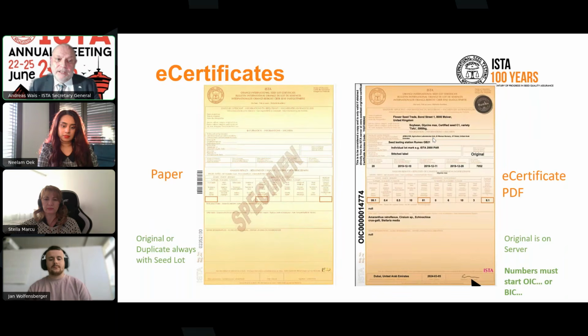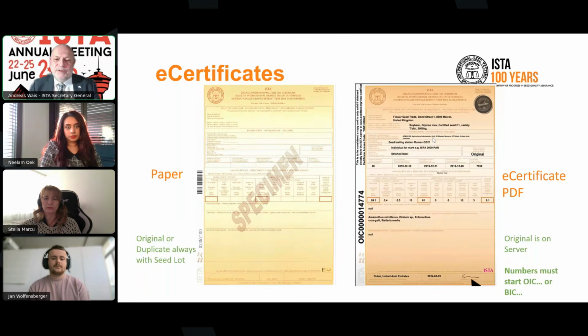Where for the paper certificate, you need another paper or blank papers to prepare duplicates or provisional certificates. If you have only one original, you only have one blank paper to be used to be printed on. If you have duplicates, you have more than that.